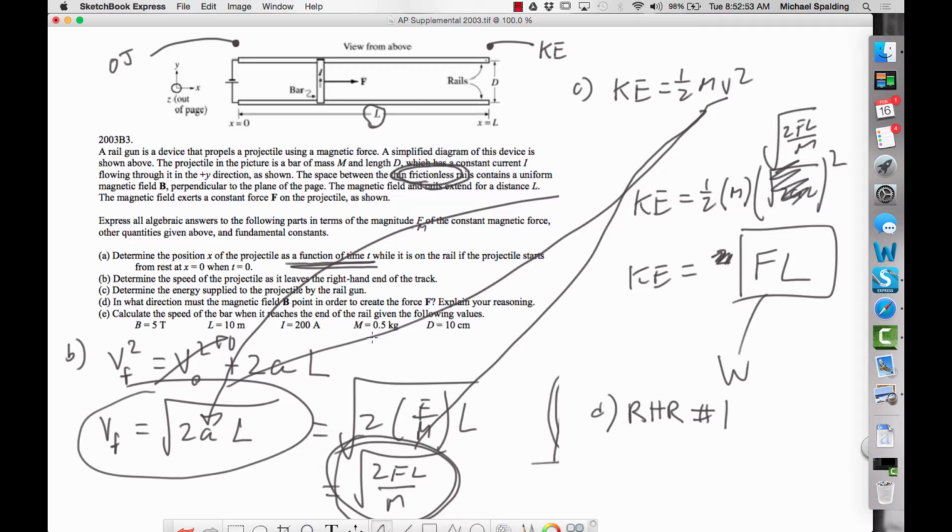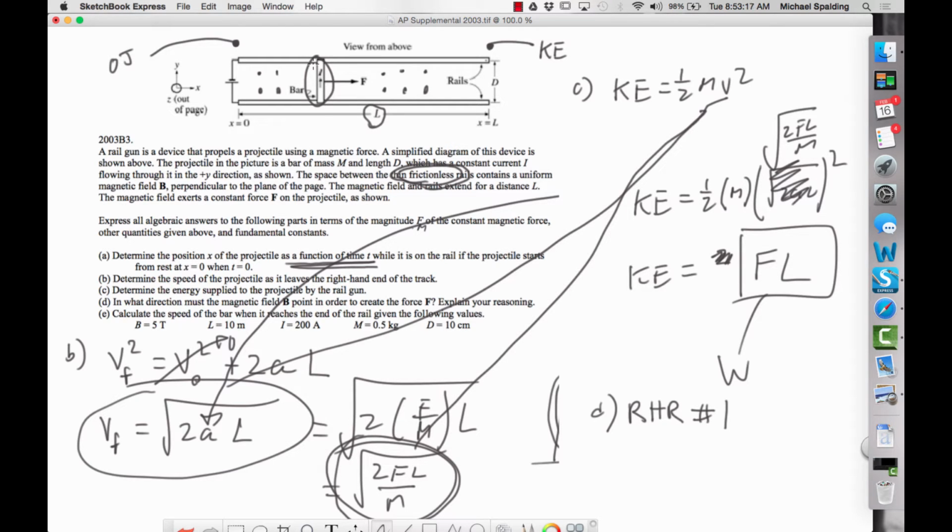Which way must the magnetic field be pointing? In order to get this force, the magnetic field must be pointing out of the page, right? I can't show you if you're watching the video, but it's going to be like this. Your thumb points up. The current points up. That's your thumb.